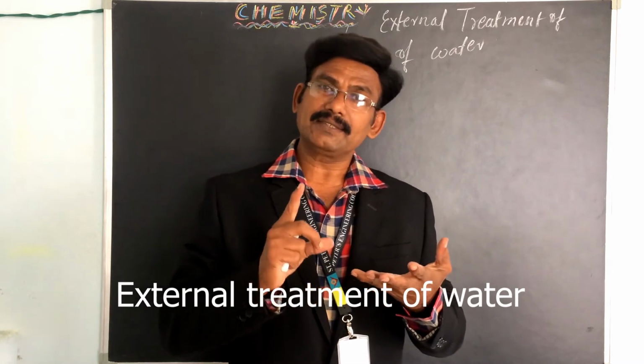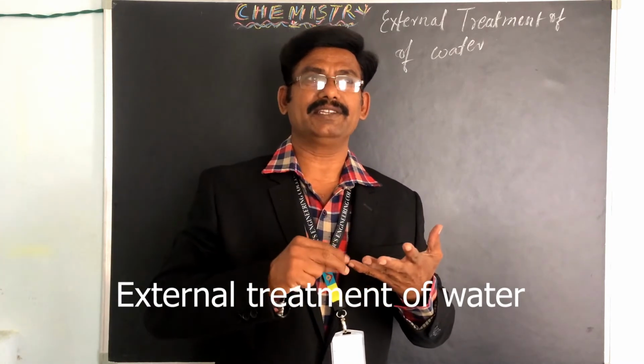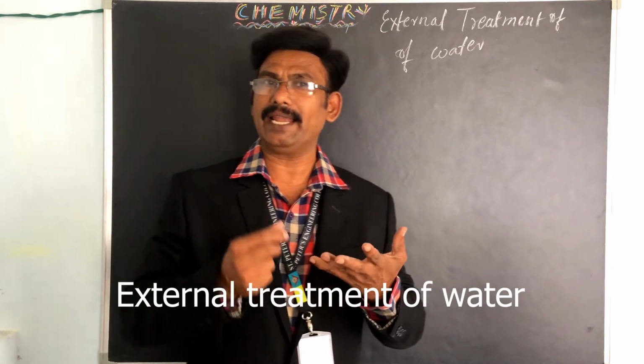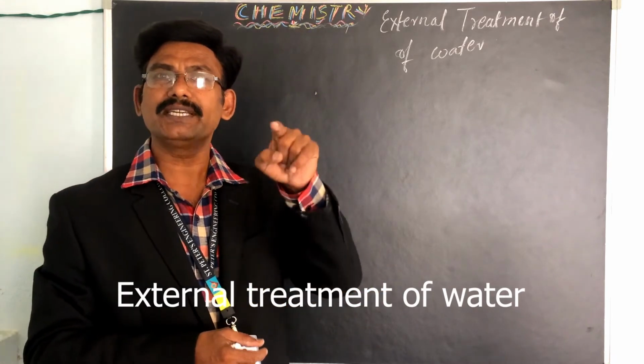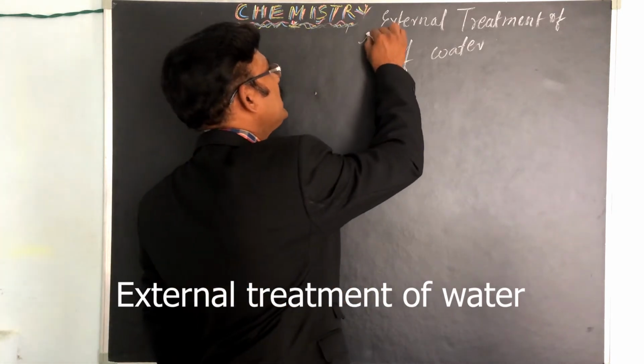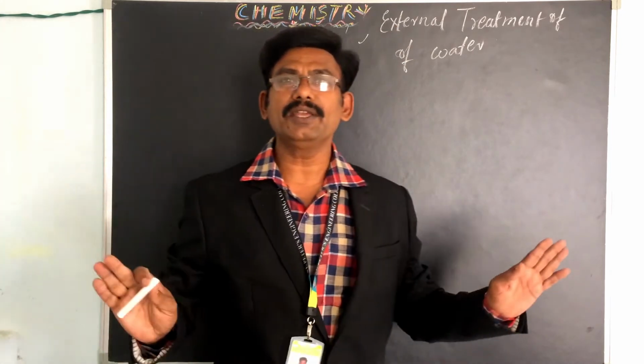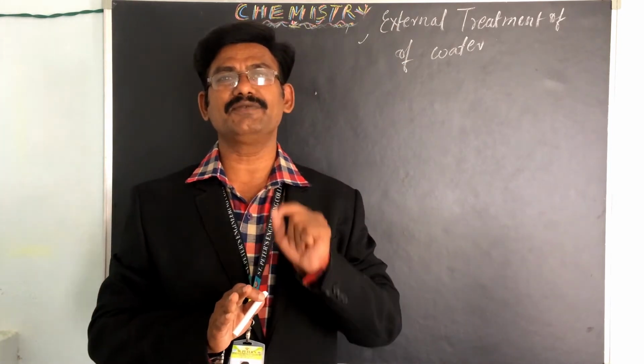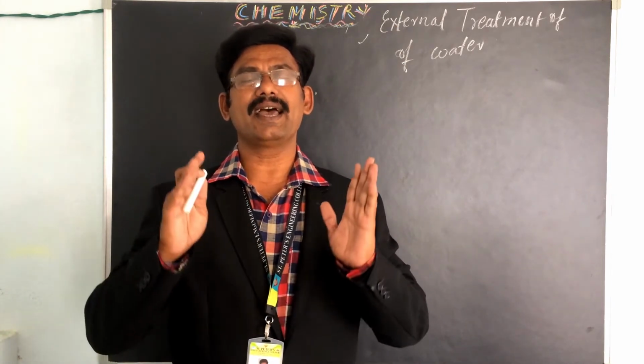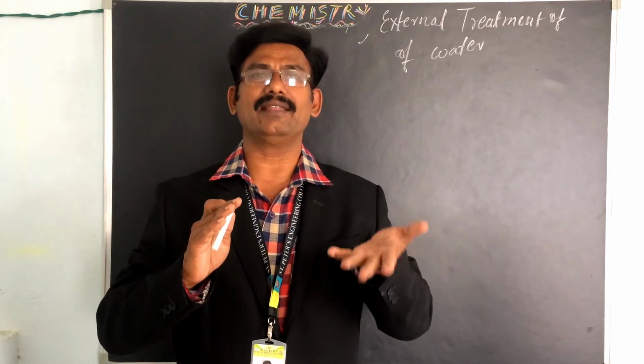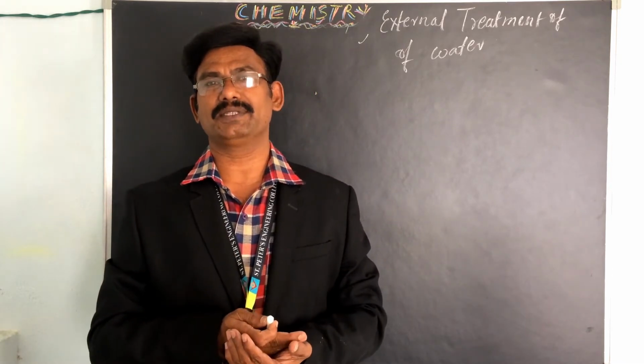In the last class, we discussed phosphate conditioning, Colgan conditioning, and colloidal conditioning, in which we used chemicals. But in this, we are not using chemicals. We just have to use external materials, that is, resins.